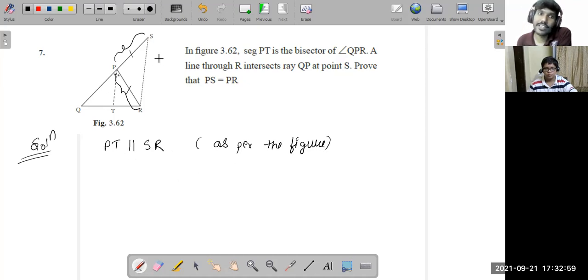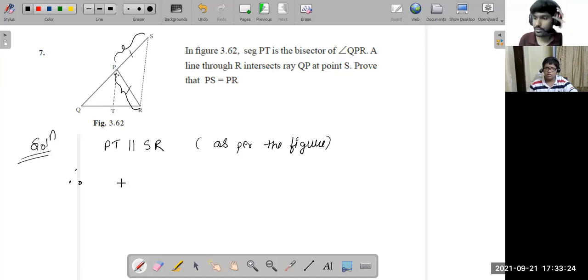Now, if PT and SR are parallel to each other, then what becomes a transversal? Remember, a transversal is a line. So which is a transversal in this case?